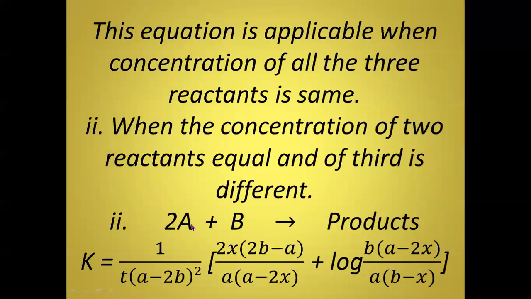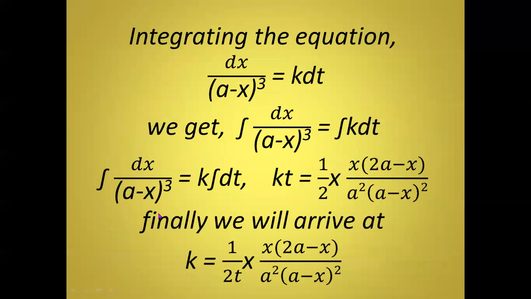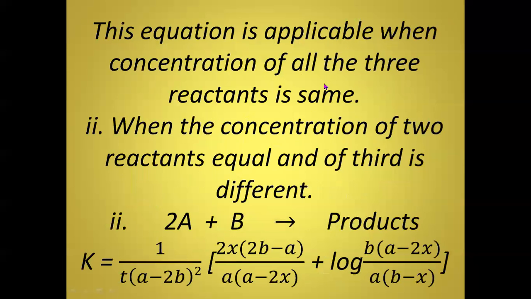Now, in similar fashion, we first write the rate equation, that is rate proportional to the concentration change, then we rearrange the terms. On one side, we take the concentration term, on the other side we take time, then integrate.